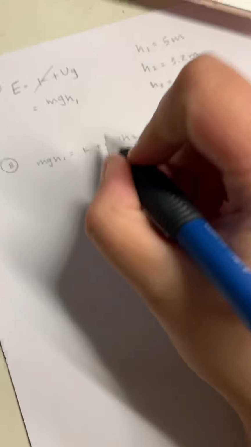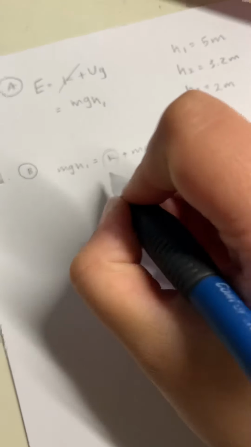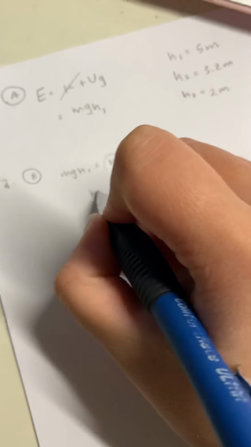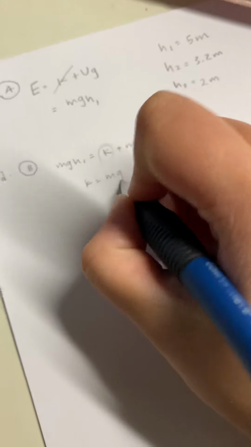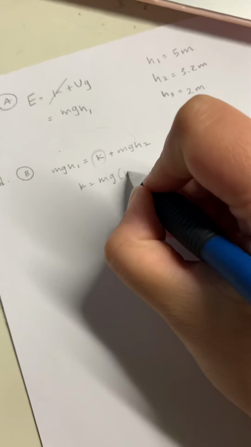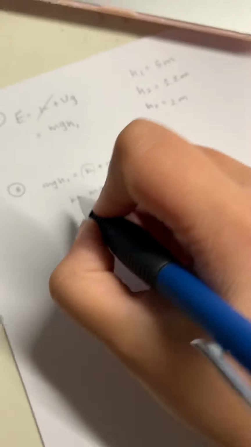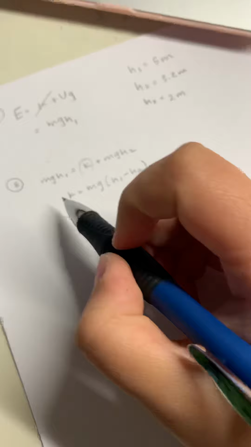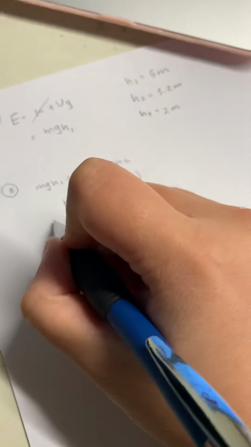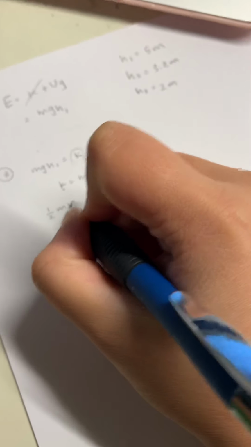And again, you want to solve for the speed, so you want to isolate K. If you subtract it over, it becomes this, and then you want to solve for v, writing out what kinetic energy is, which is 1/2 mv squared.